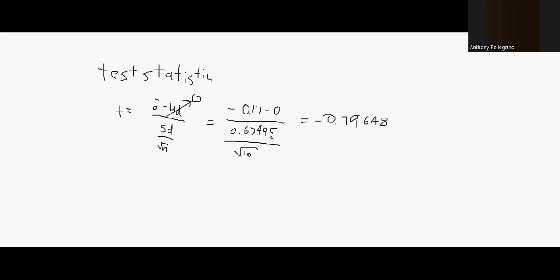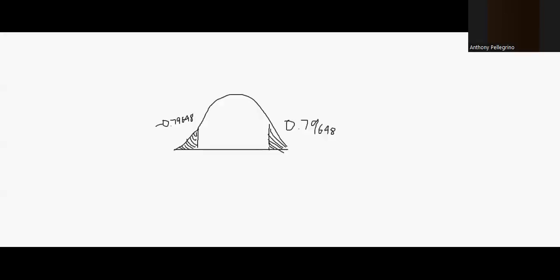So now we can find the p-value by looking at the A3 table, which is the t-distribution table. When looking at the A3 table, we can see that, again, our degrees of freedom is n minus 1, which equals 9. So we look at the ninth row on the table, and even though our test statistic is a negative value, it can also be positive value because the t-distribution is symmetric.